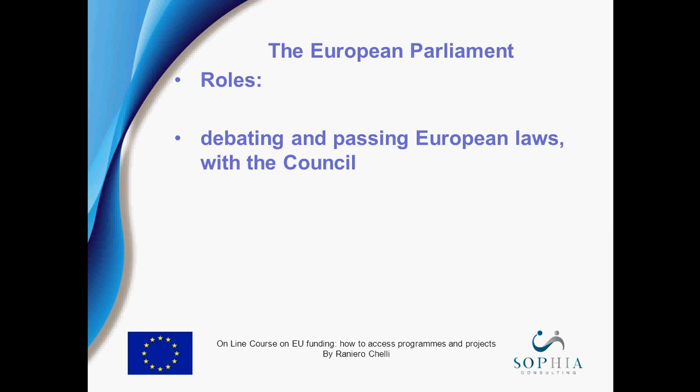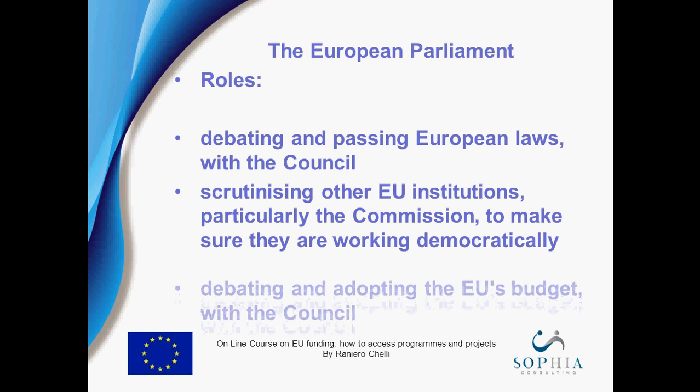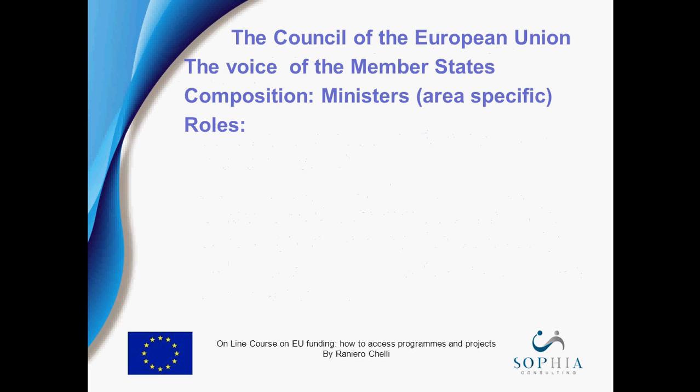The roles of the Parliament are to debate and pass European laws, together with the Council, but also it has an important role in scrutinizing and monitoring the functioning of other institutions such as the Commission to make sure they are working democratically and properly. And also a very important role is that the Parliament has to debate and adopt the European Union's budget together with the Council.